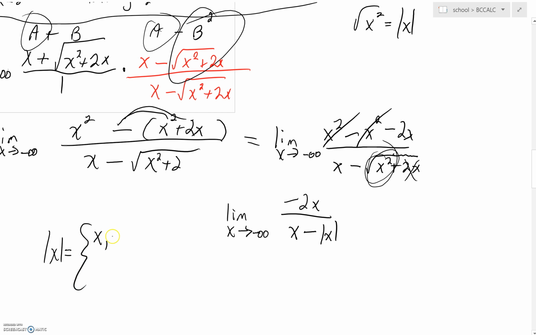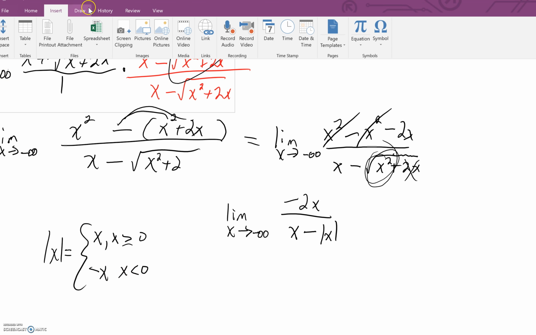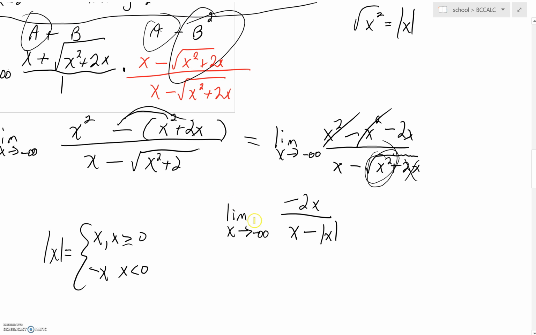It was x when x was greater than or equal to 0, and opposite x when x is less than 0. But paying attention to this limit in particular, you can see that x is negative. As x is going to negative infinity, x is approaching numbers like negative 1 trillion and so forth.